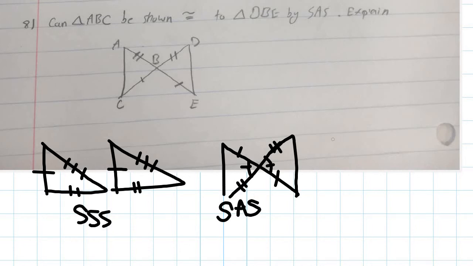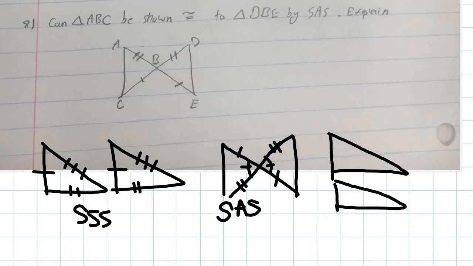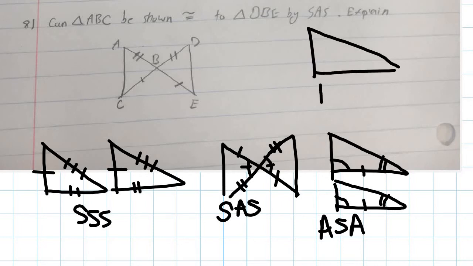A third one would be if you have a pair of angles, a pair of sides, and another pair of angles. This is called angle, side, angle. And the last one is if you have a pair of angles, another pair of angles, and then a side.